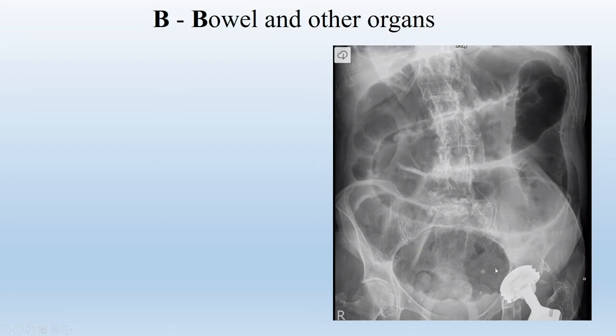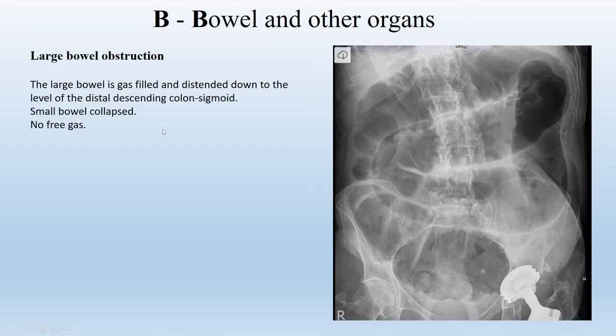Here is the replaced hip joint, and this is large bowel obstruction. The bowel lumen is filled with gas and distended up to the descending colon. Small bowel is collapsed here, we cannot see it, and no free gas inside of the abdominal cavity.